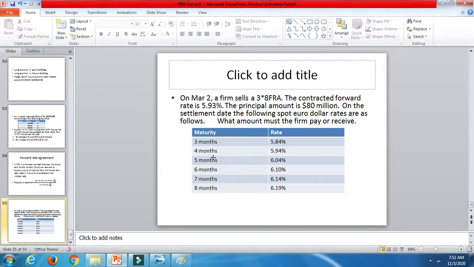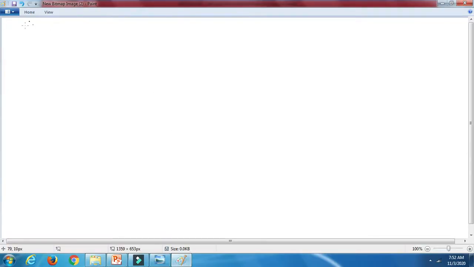On March 2, a firm sells an 8 into 3 forward rate agreement. Let's take the duration of the loan period, the time, first.